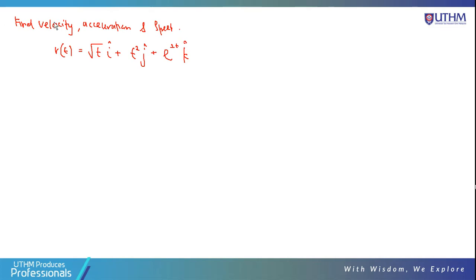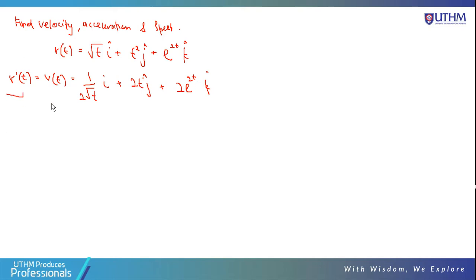They need us to determine the velocity. So r prime(t) equals v(t). Differentiating, you get 1 over 2 square root of t i plus 2t j plus 2 times e to the power 2t k. This is how you determine the velocity.